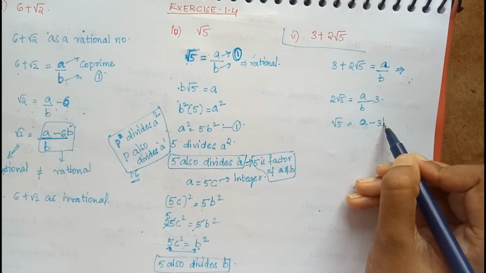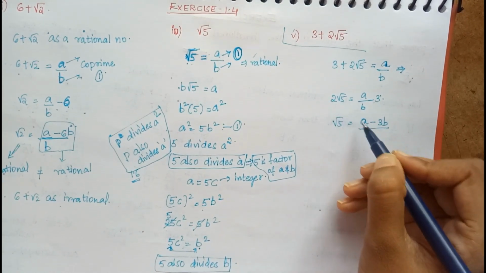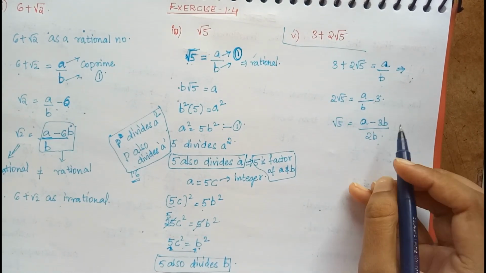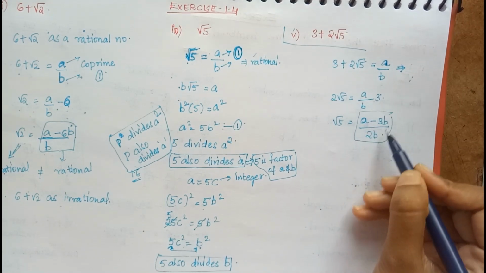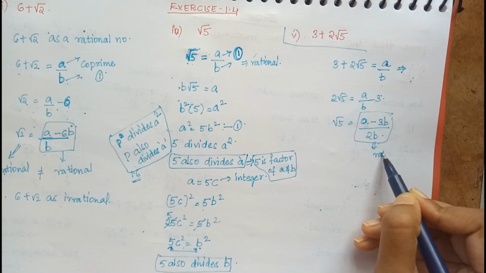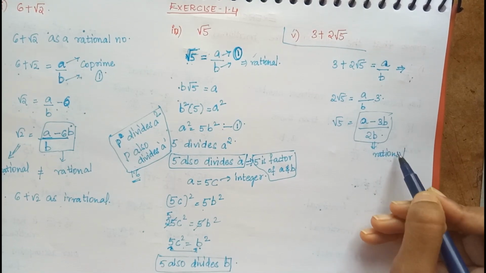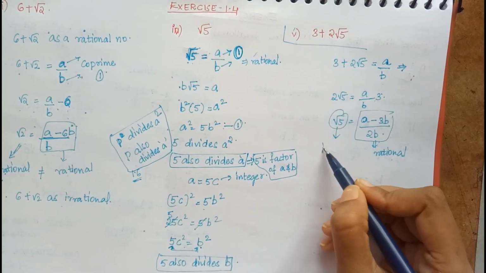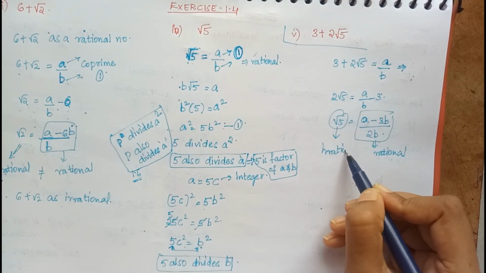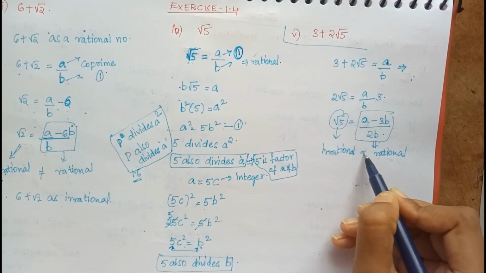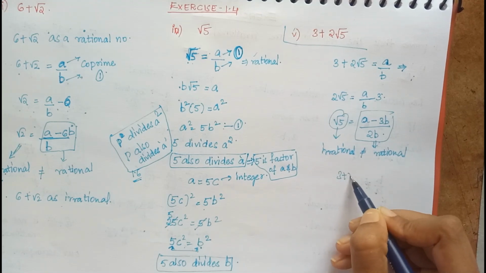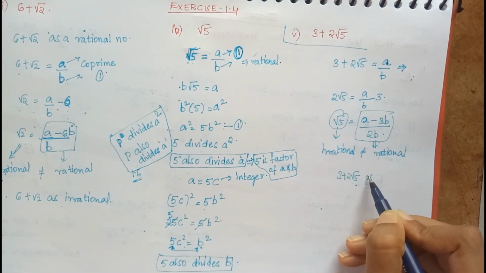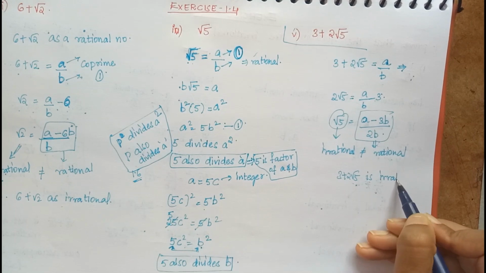Root 5 equals a minus 3b by 2b. Here the whole term is rational, and this term is irrational. Again, irrational cannot be equal to rational, so 3 plus 2 root 5 is an irrational number.